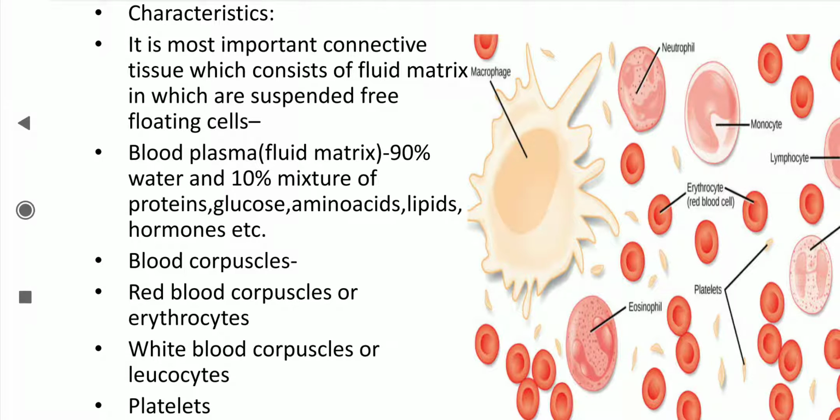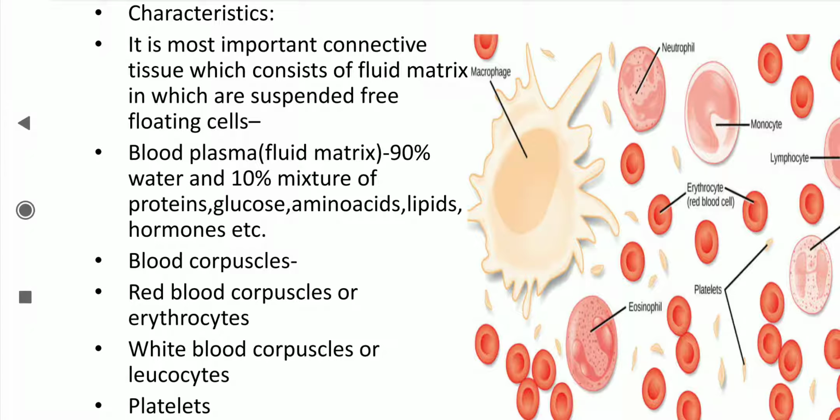When we see the composition of blood, we will find the liquid part that is called plasma. If we separate the plasma, it is pale yellow in color. Pale means light yellow in color. Okay. This is what? Matrix. Here plasma is the matrix.